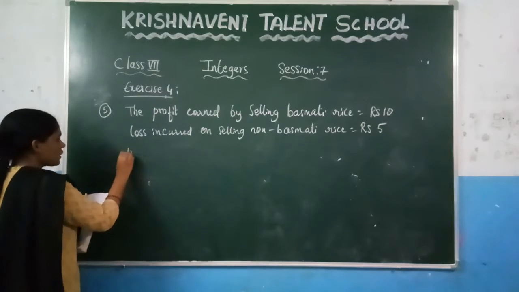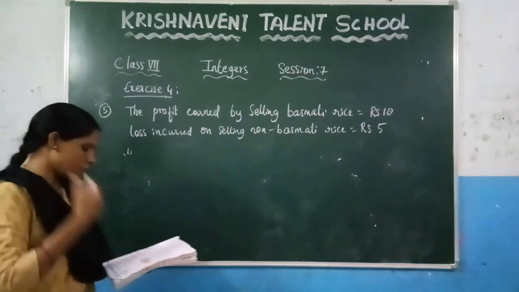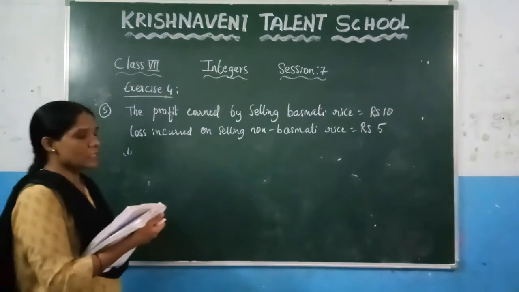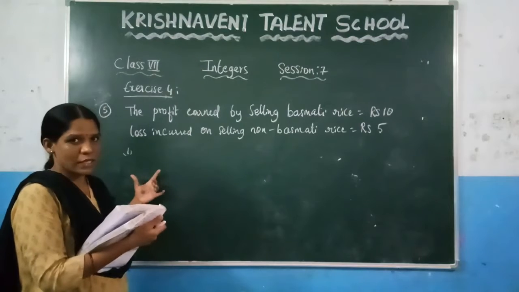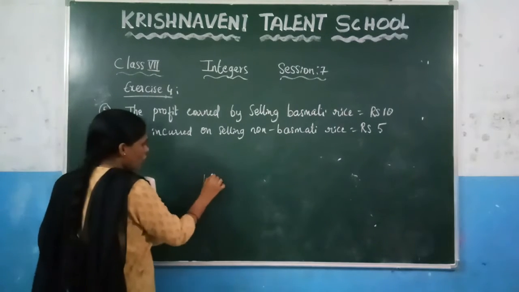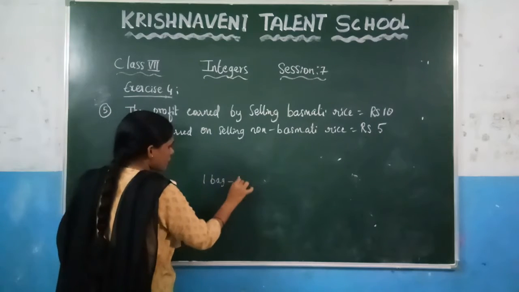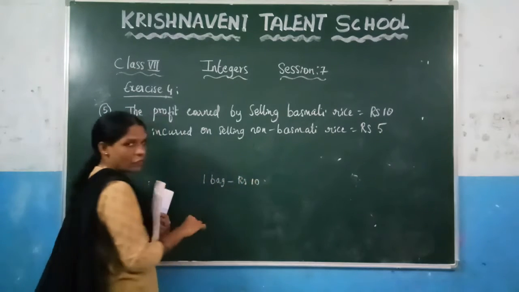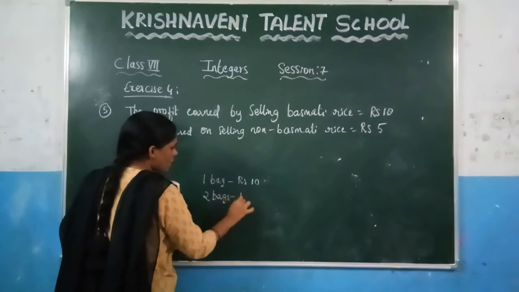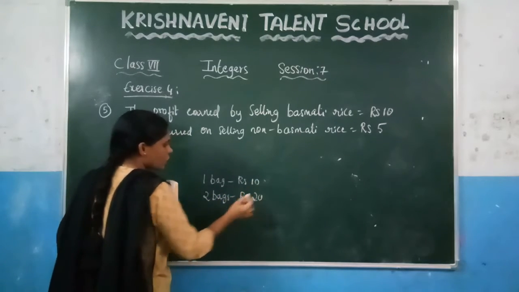Now based on this, we need to solve two questions. The first question: he sells 3000 bags of basmati rice. Suppose he sells 3000 bags of basmati rice, how much profit will he get? If he sells 1 bag of basmati rice, he gets 10 rupees profit. If he sells 2 bags, how much profit will he get? 20 rupees.